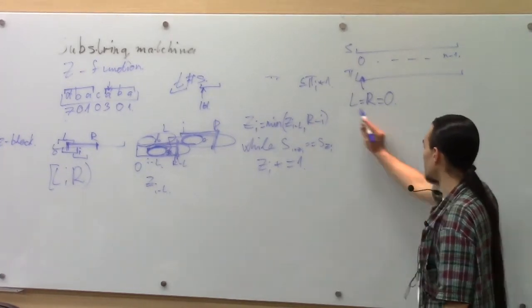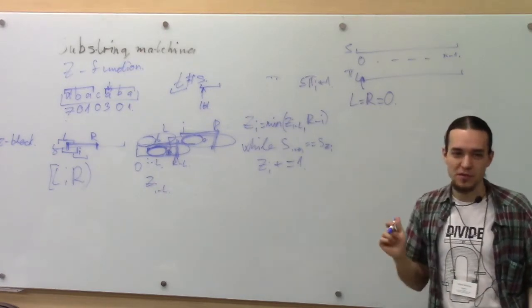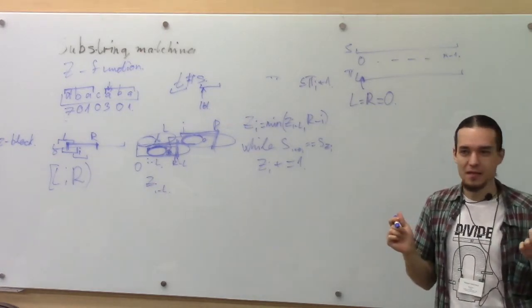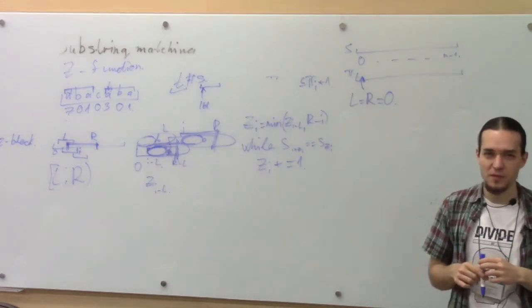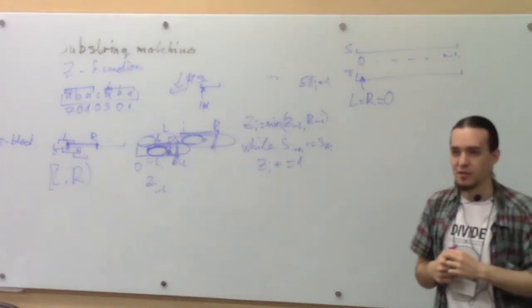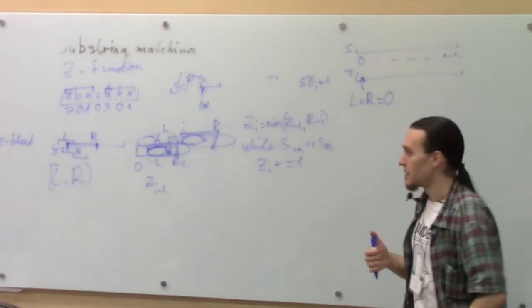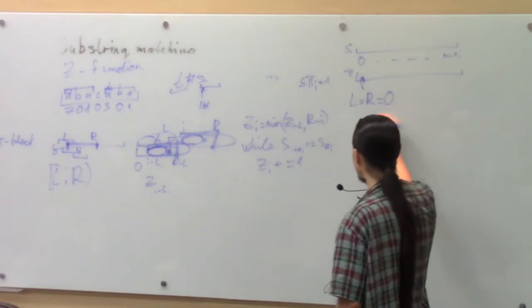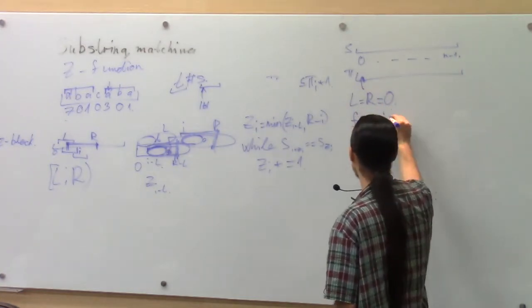For example, L equals R equals 0 corresponds to an empty set. If you try to represent the empty set with a segment, you have to do something weird. Anyway, let's try to compute our Z function here.